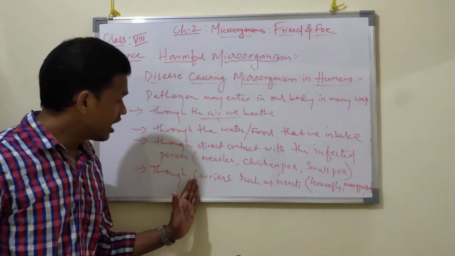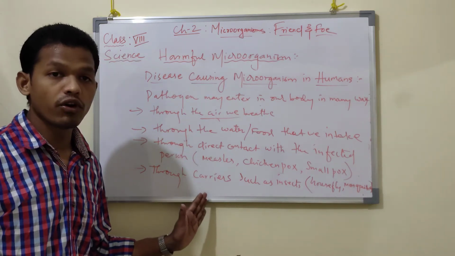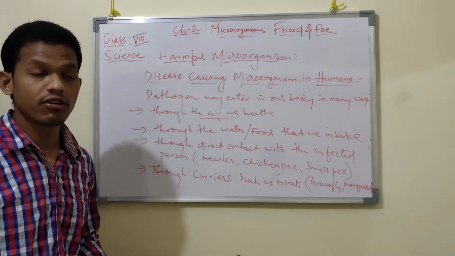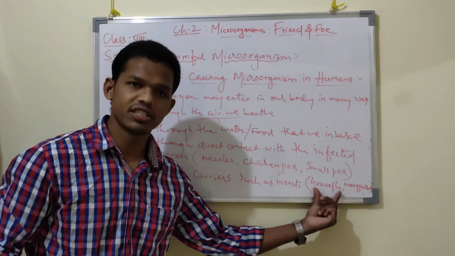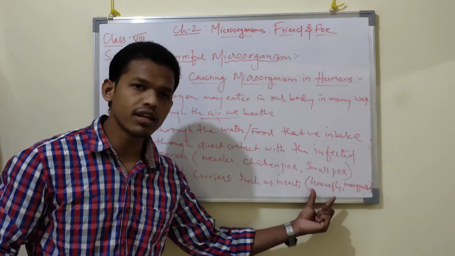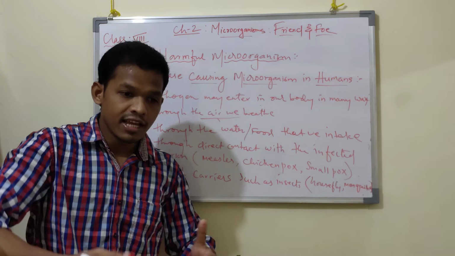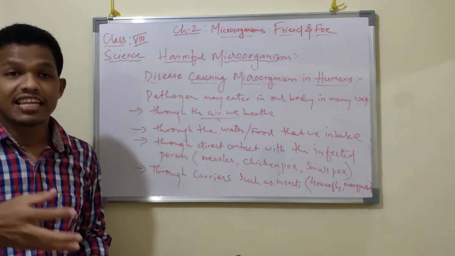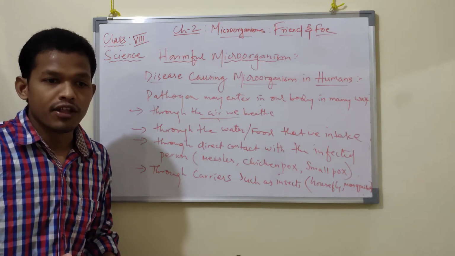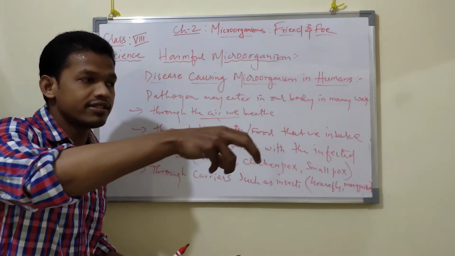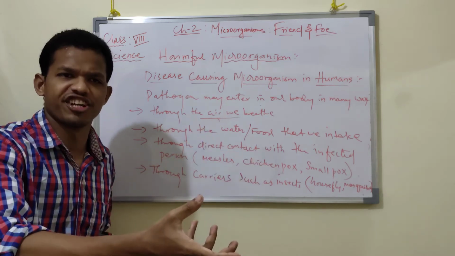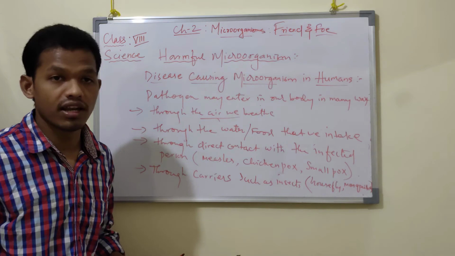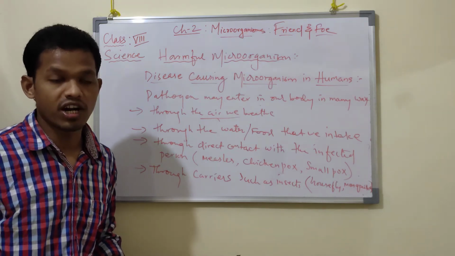A carrier is a living organism which harbors particular pathogens. The housefly is a living organism which harbors them, so they act as a carrier. The housefly will go and sit on garbage or any animal excreta. What happens? The pathogens stick to their legs or body.